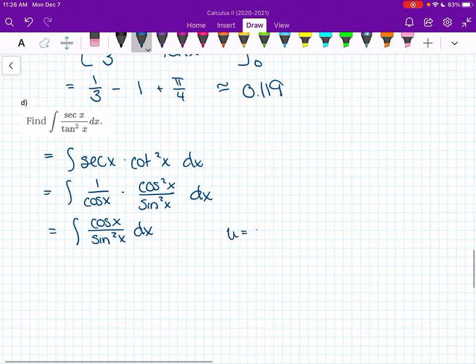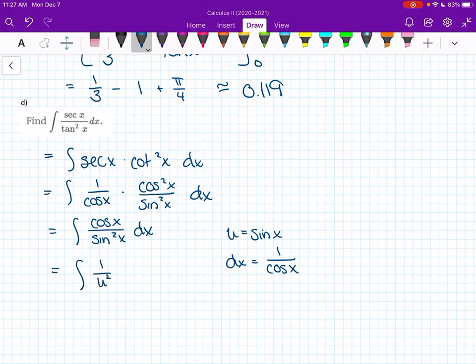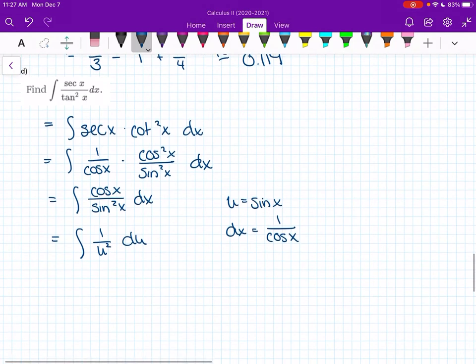And then if I let u equal sin x, since I have a factor of cosine, then I'm going to see that dx is 1 over cos x. So that will cancel. So then I have 1/u² du after I do my substitution there. And so that's u⁻².